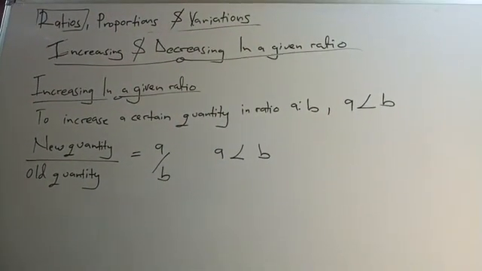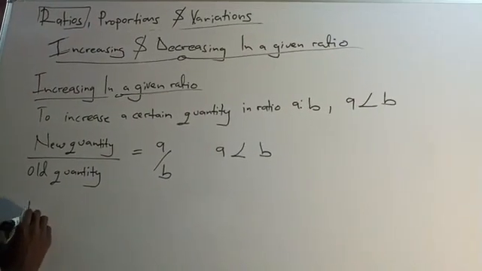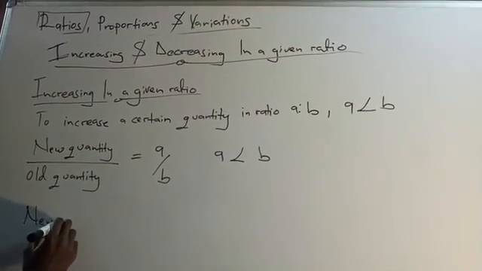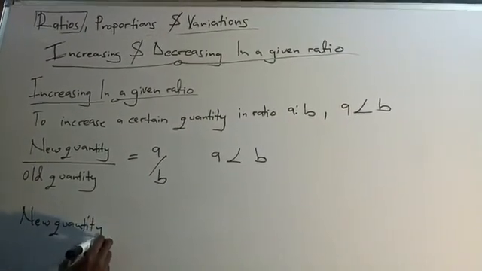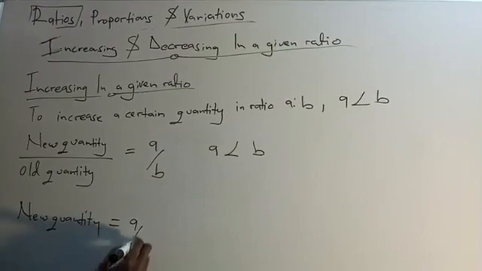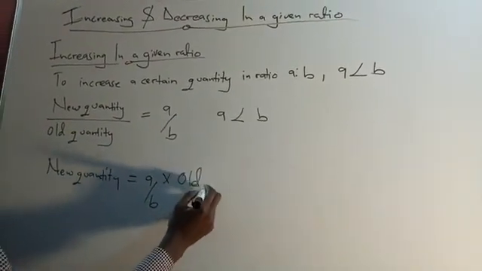So in getting a new quantity, it will be A over B times the old quantity.